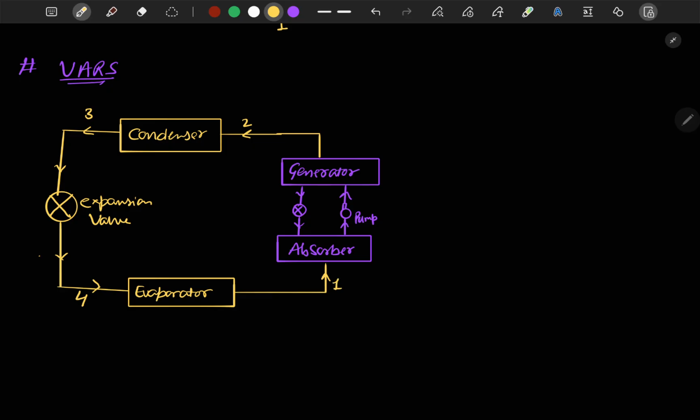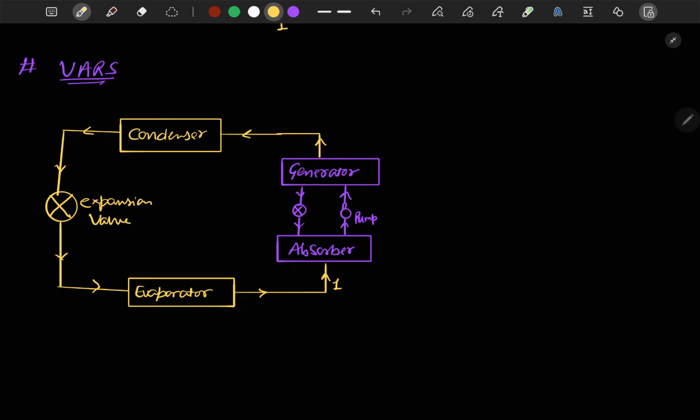Here is state 1, the exit of the evaporator, and at state 1 it enters the absorber. We will discuss these states later and redefine them. For now I will just show the direction of the flow.